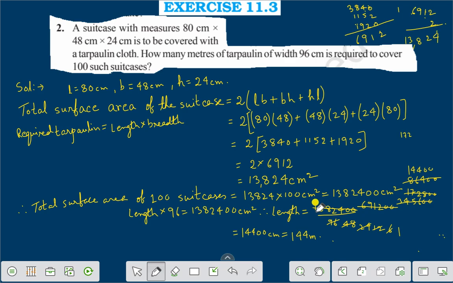Therefore, the answer is: hence, 144 meter of tarpaulin is required to cover 100 such suitcases.